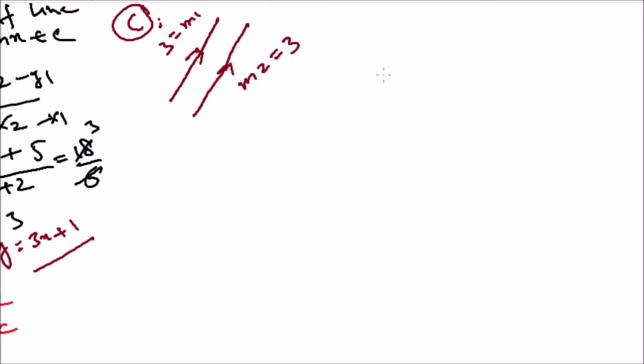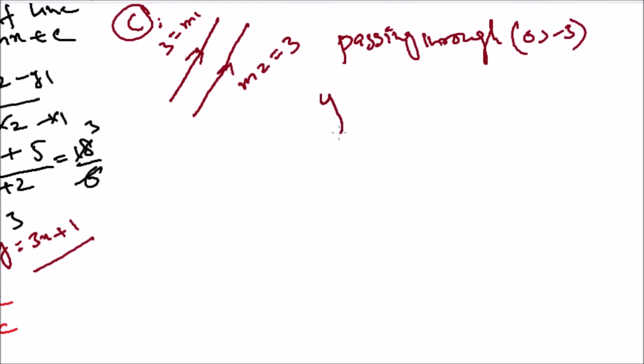Now they say find the equation of the line parallel to AB and passing through 0, minus 3. Yes, 0, minus 3 is the point the line is passing through.